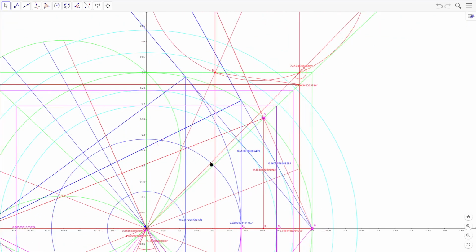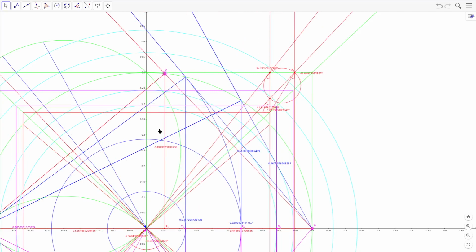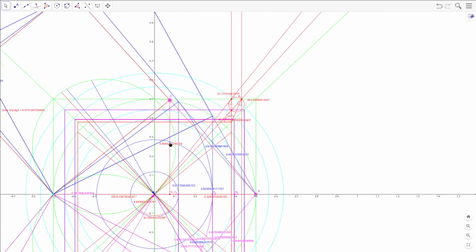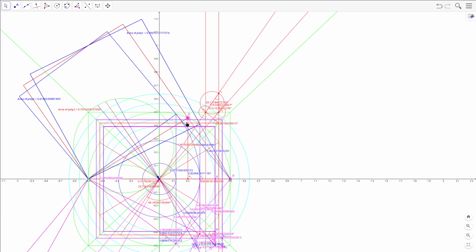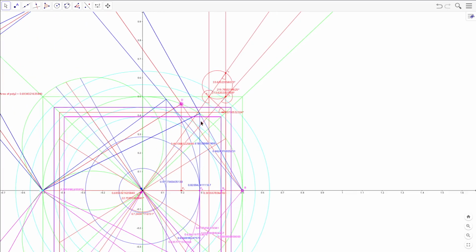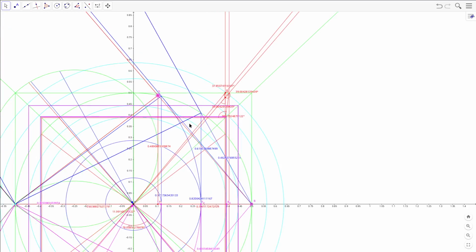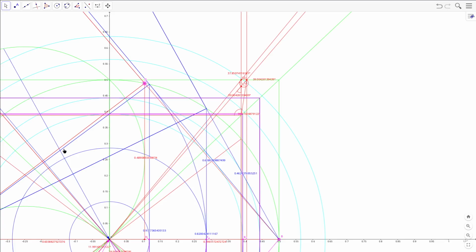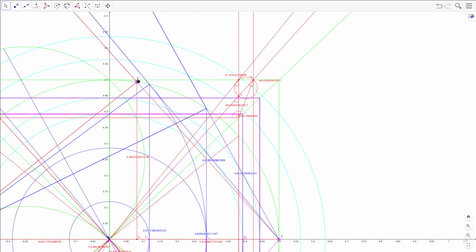So this line goes here and all that, but this line over here, this line always has a point on here which goes to there.